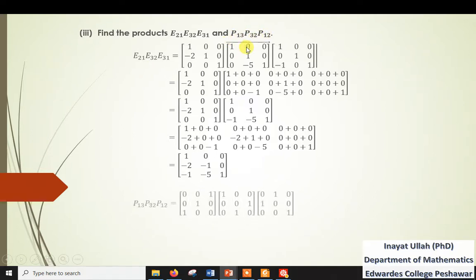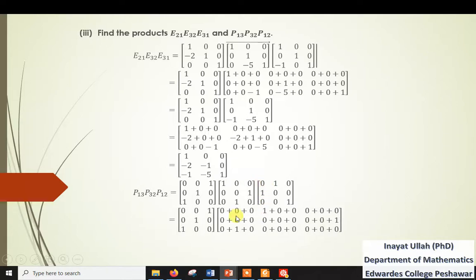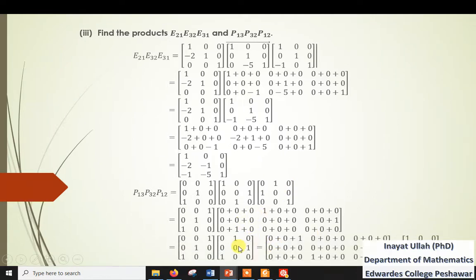So P13 multiplied by P32 and all these. In the same manner, multiply this P32 with P12: first row first column, first row second column, first row third column, and now second row first column, second row second column, second row third column, and now third row first column, third row second column, third row third column to obtain this matrix.